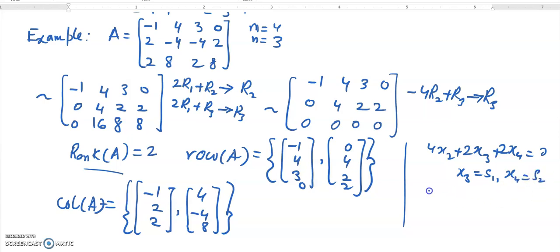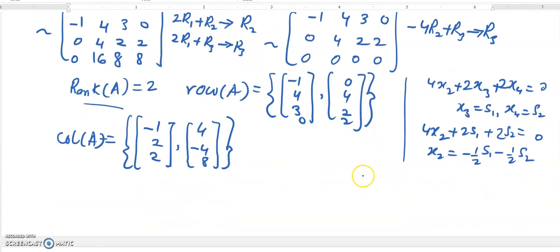Therefore we get 4x2 plus 2 s1 plus 2 s2 is equal to 0. So in this case x2 will be minus 1 by 2 s1 minus 1 by 2 s2.